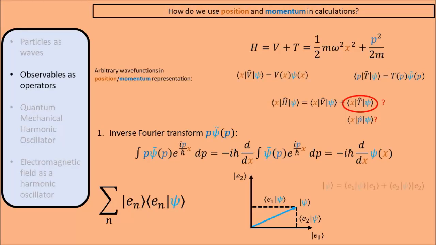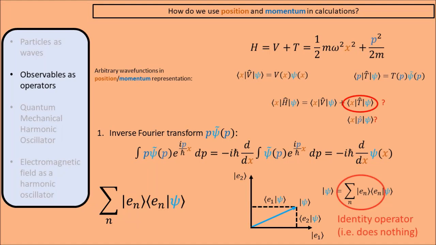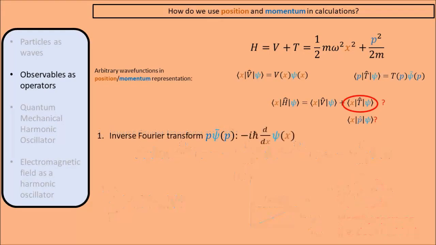Then you sum the components back together to find psi again. By changing the order of the symbols around, one can conveniently rewrite this procedure of decomposing psi into orthogonal components and adding them back together as a single operator, which is the identity operator since it does not change the wave function. So we saw that applying the momentum operator means taking the derivative in position space.